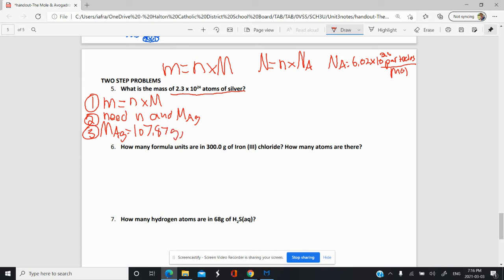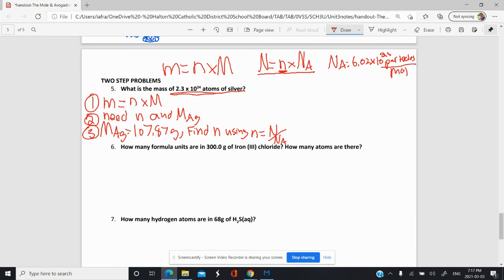But I need to find n using my formula up here. I have the number of atoms. I can find my moles using the formula n is equal to big N over N_A.